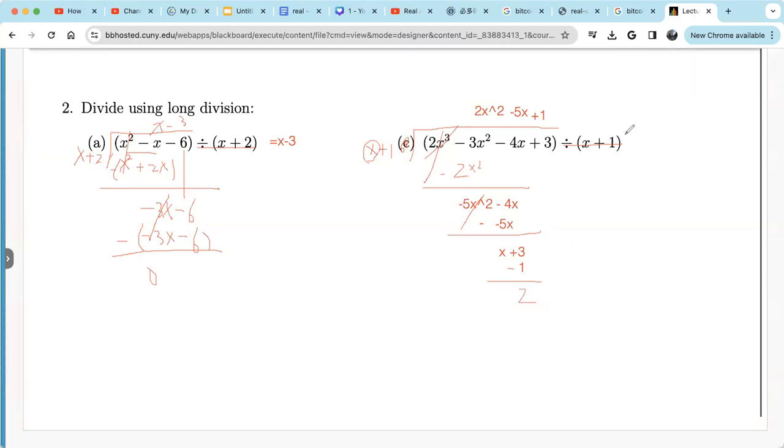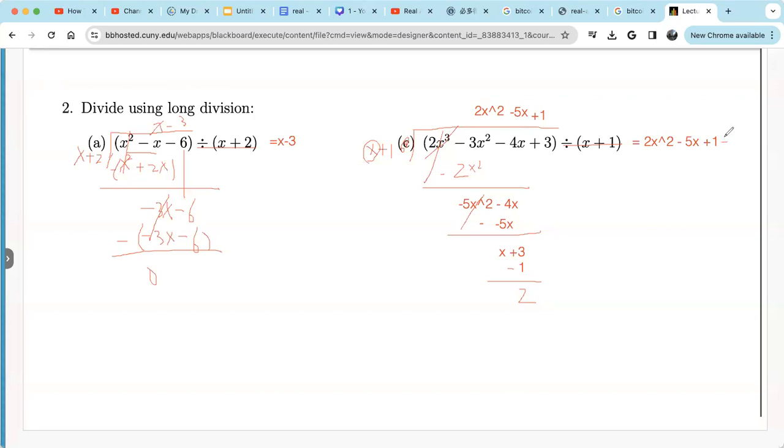Okay, so the answer for this one, let's write it. The dividend divided by divisor equals 2x squared minus 5x plus 1. Remember how do we write the remainder?